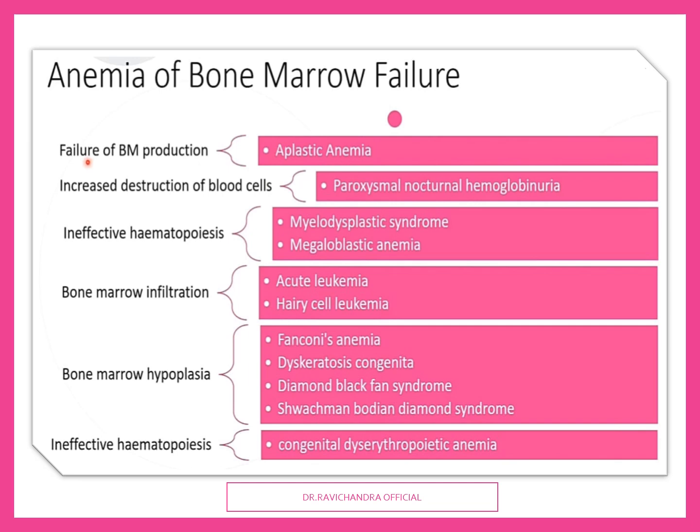Bone marrow hypoplasia will be observed in Fanconi's anemia, dyskeratosis congenita, Diamond-Blackfan anemia, and Shwachman-Diamond syndrome. Ineffective hematopoiesis is also seen in congenital dyserythropoietic anemia. So, ineffective hematopoiesis can be observed in myelodysplastic syndromes, megaloblastic anemia, and congenital dyserythropoietic anemias.